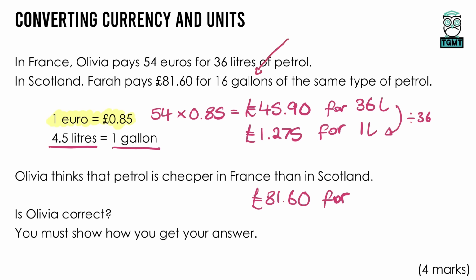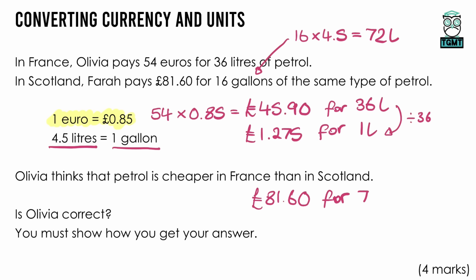So I can actually turn this into litres relatively easily. I just need to do 16 multiplied by 4.5, and that's going to give it me in litres, as every 1 gallon is 4.5 litres. So 16 times 4.5 is 72 litres, and now we have a comparable sort of unit.